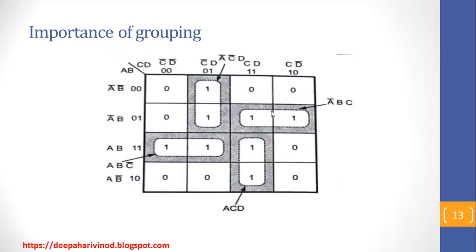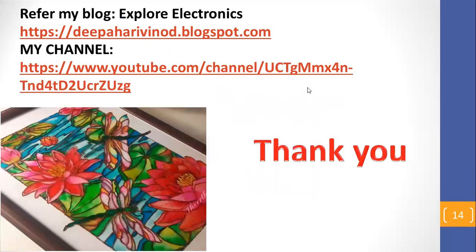So in this way, all the 4 ones will be included. So there is no need of grouping these 4 ones, which we call redundant. So we have to take care of these things when we are choosing the groups.